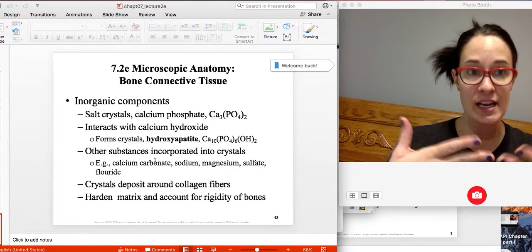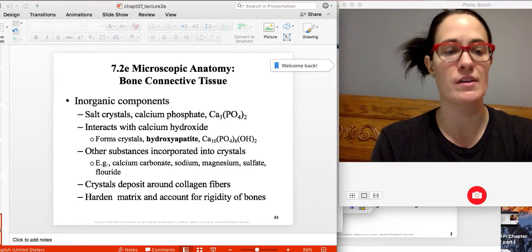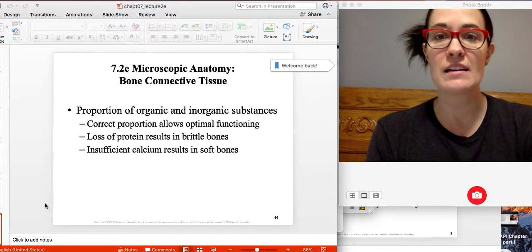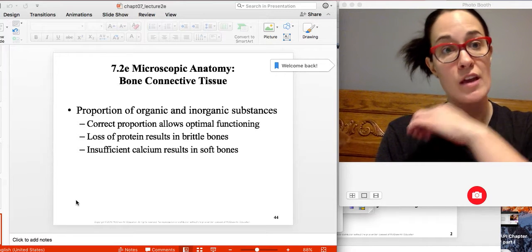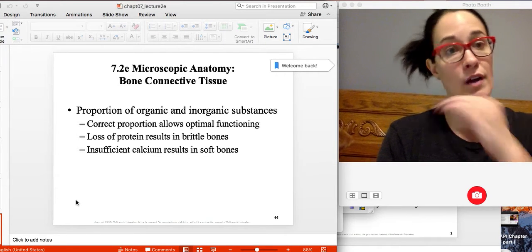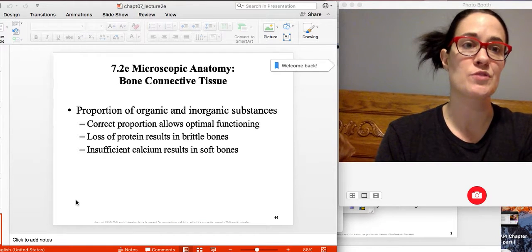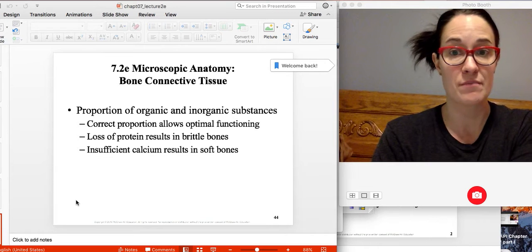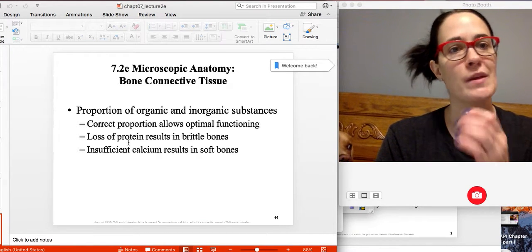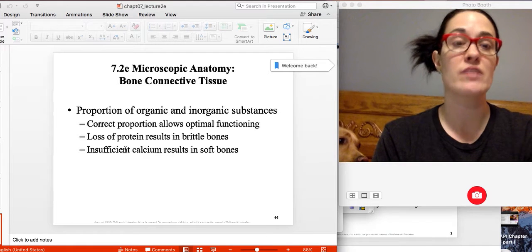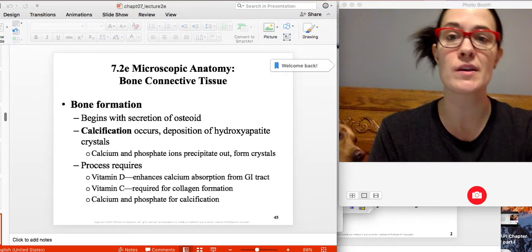For hardness, more strength and rigidity of bones comes from the calcium. So the bones need to be in correct proportion of inorganic and organic, or collagen and calcium salts, to perform their optimal functioning. If you don't have enough protein or collagen, the bones are going to be too brittle. And if you don't have enough calcium, the bones are going to get too soft. So there needs to be a correct balance.